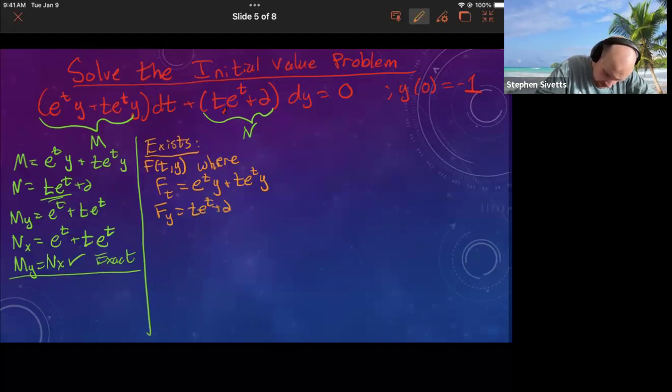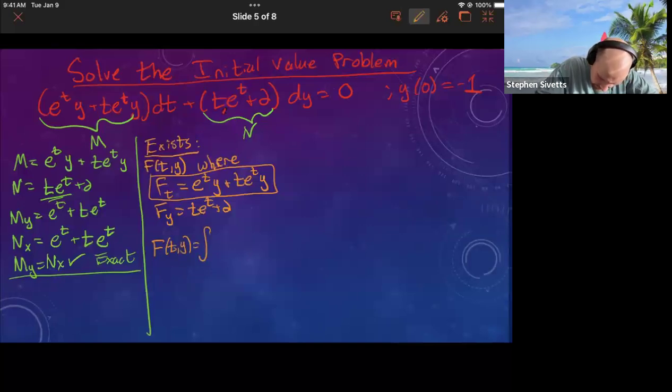And so if we start off with this equation, if we integrate both sides with respect to t, F of t, y equals the integral of e to the t times y plus t times e to the t times y dt plus h of y, right?